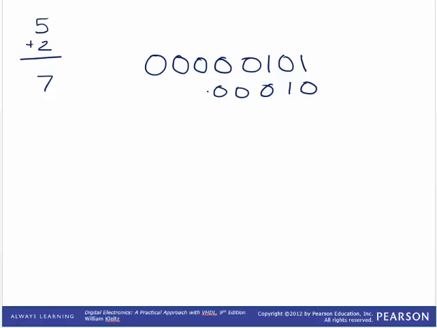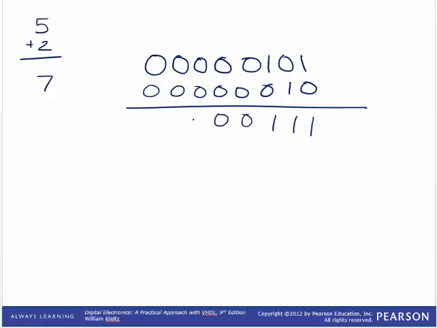And we're going to keep everything as 8 bits because that's how it would probably be done in the real world. And so we just add these up. 1 plus 0 is 1. 0 plus 1 is 1. 1 plus 0 is 1, and all these zeros add up, and so that equals 7, base 10, no problem.